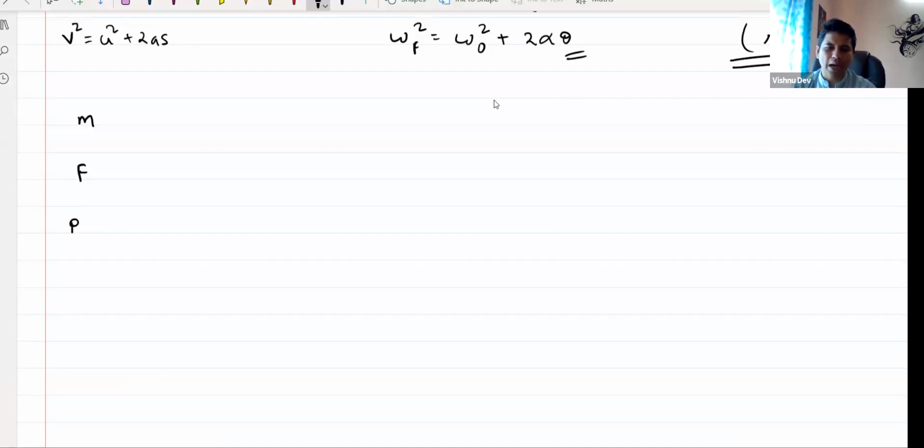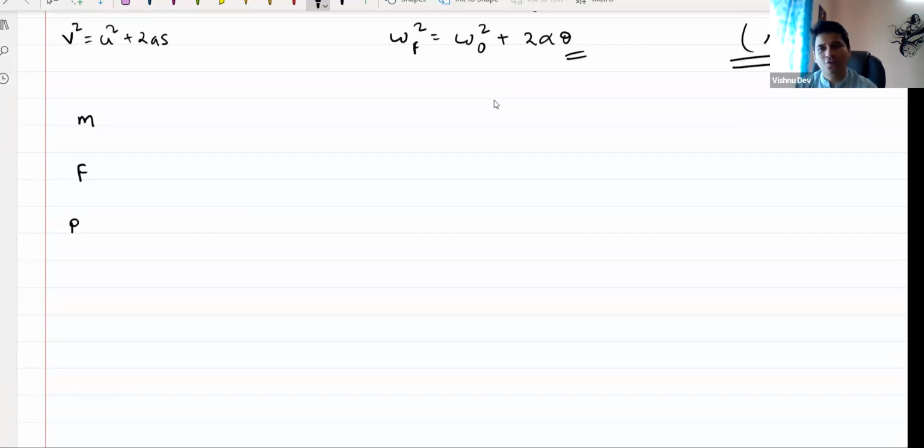Practical physics all around us. What difference do you feel? Exactly, Suhan. The farther you go, the easier it is, and the closer you go, the more difficult it is. So I can say that if we go closer, we need to apply more force.